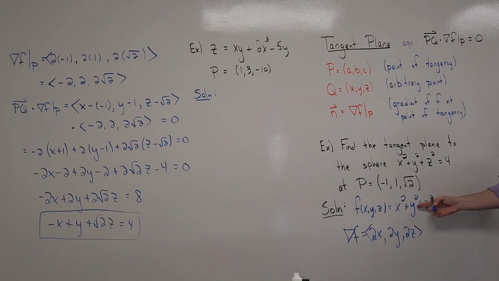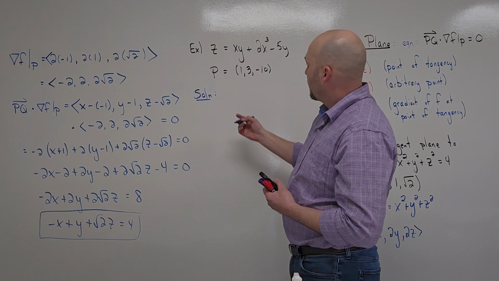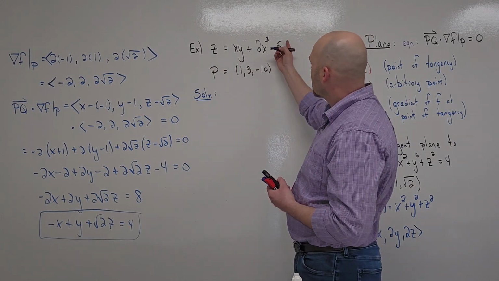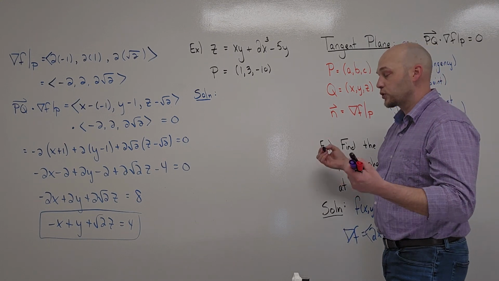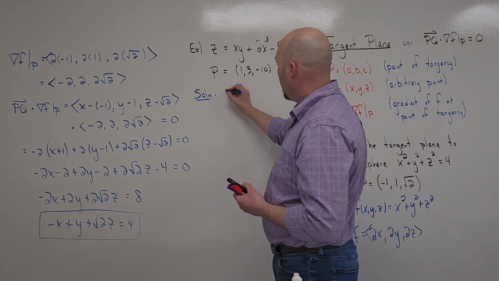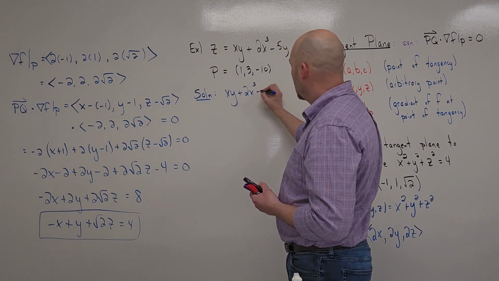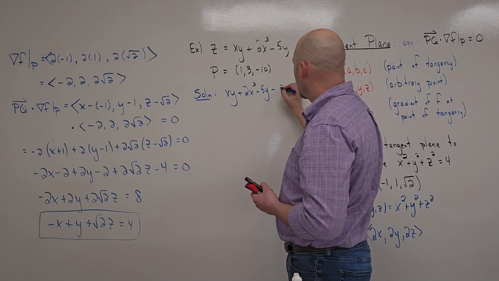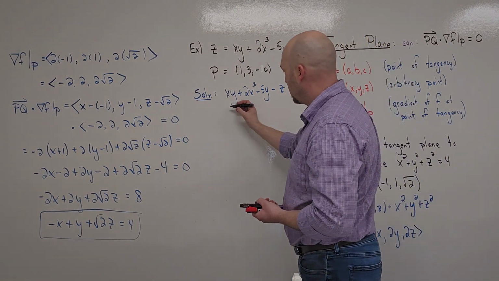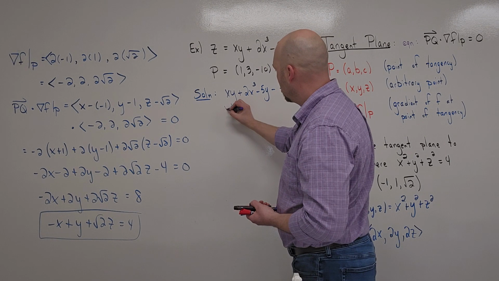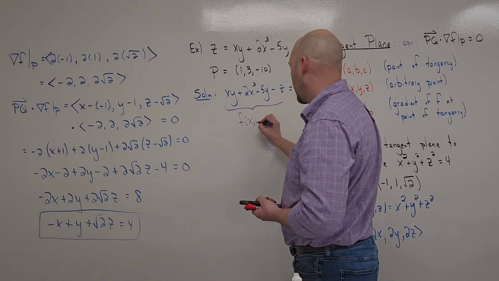All right, what I have to do is start with my function f of xyz. To get the function f, I have to turn this function notation here into a level curve or a level surface, and that would be xy plus 2x cubed minus 5y minus z is equal to 0. This then, of course, is my f of xyz.